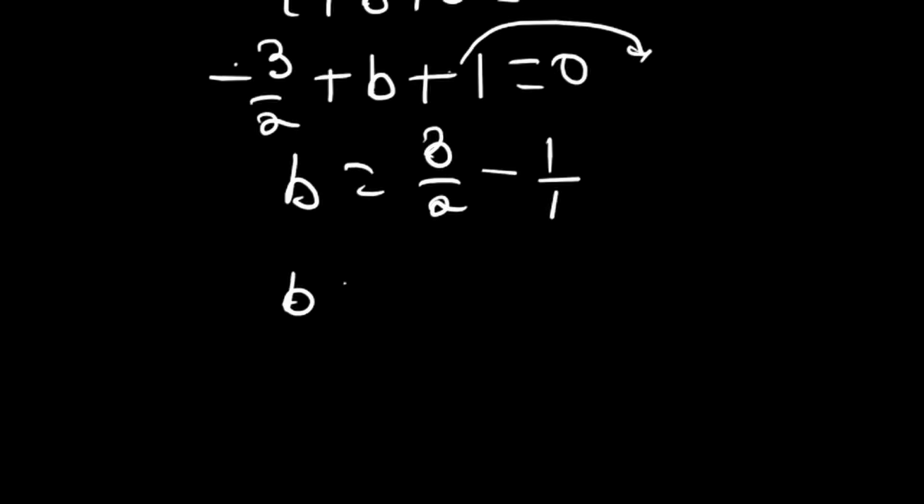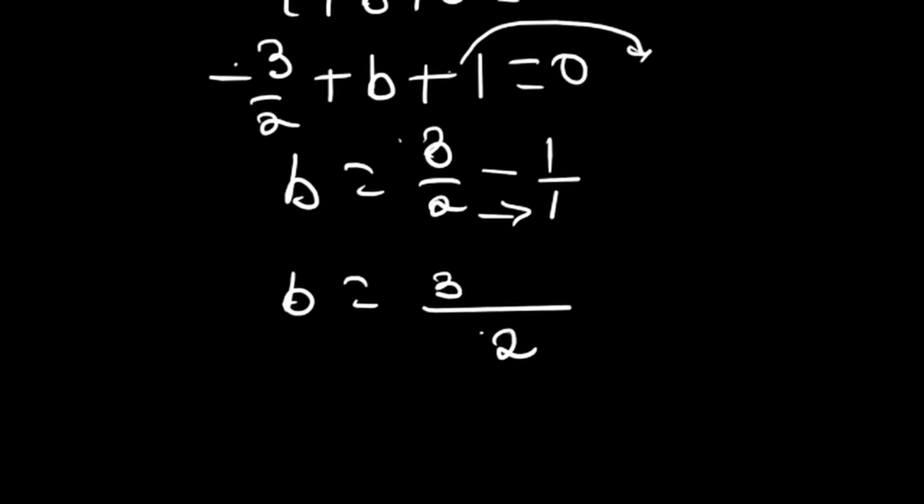Therefore, we say that b is equal to, the common denominator between 2 and 1 is 2, right? Correct. So we now say the common denominator is 2. We now divide. 2 divided by 2 gives us a 1, and 1 times 3 is 3.